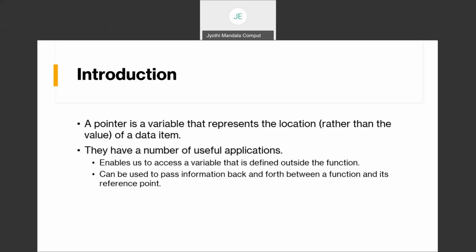Any changes you make in the function will reflect in your original function variables also, isn't it? So if you want to pass information back and forth between all the functions, that can be done easily by using pointers, and that is called reference.